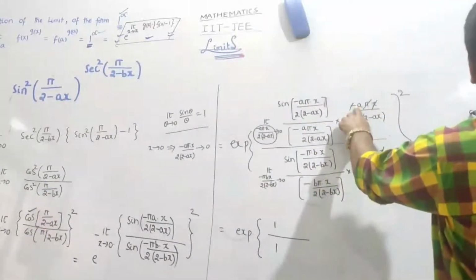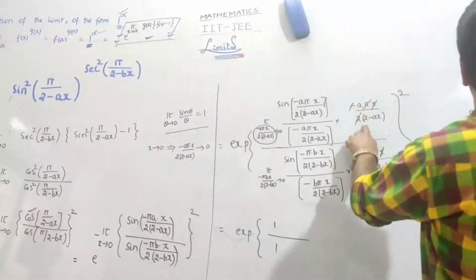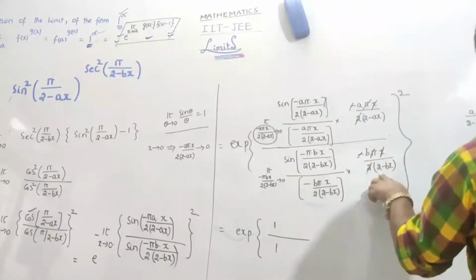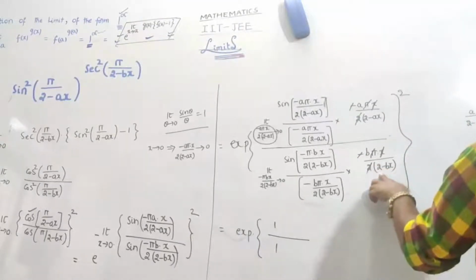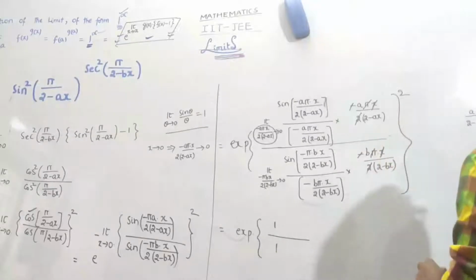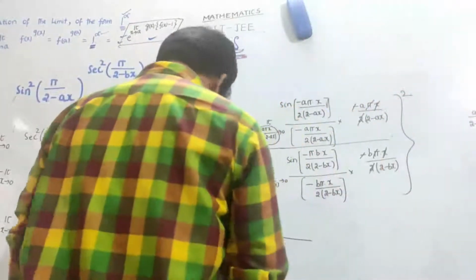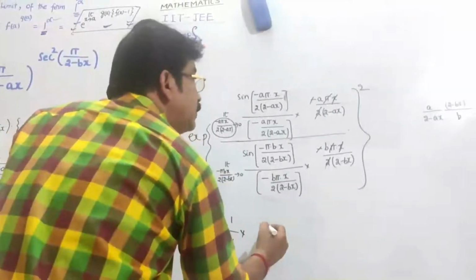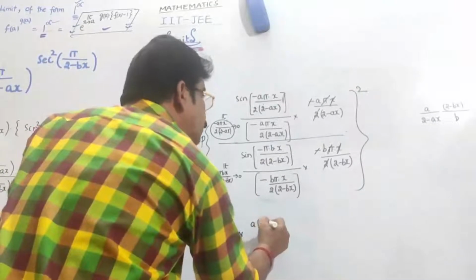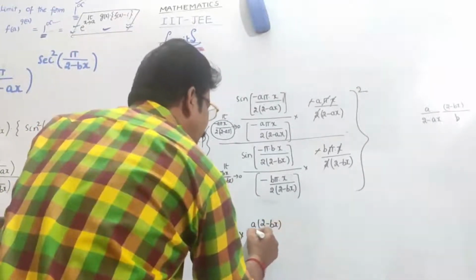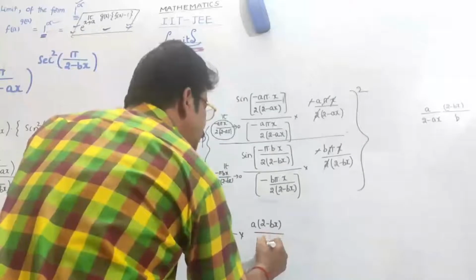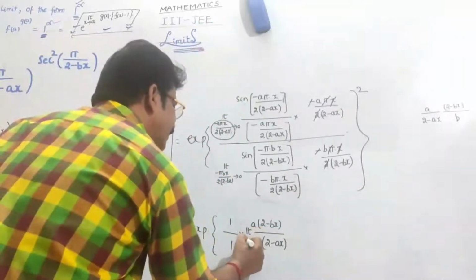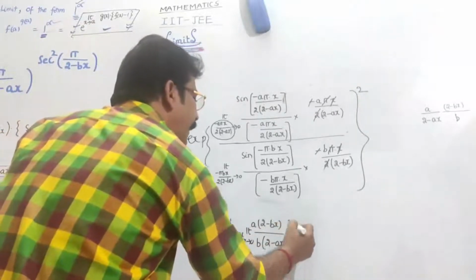Rough work: a divided by (2 minus ax), divided by (2 minus bx) divided by b. So therefore it is a into (2 minus bx) divided by b into (2 minus ax), for the limit x tends to 0.